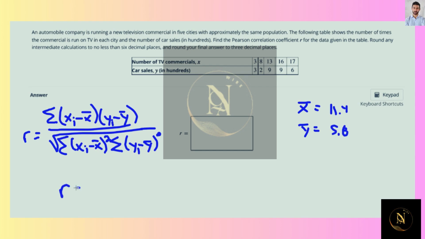Okay, so R would be equal to the difference between each value and the mean.